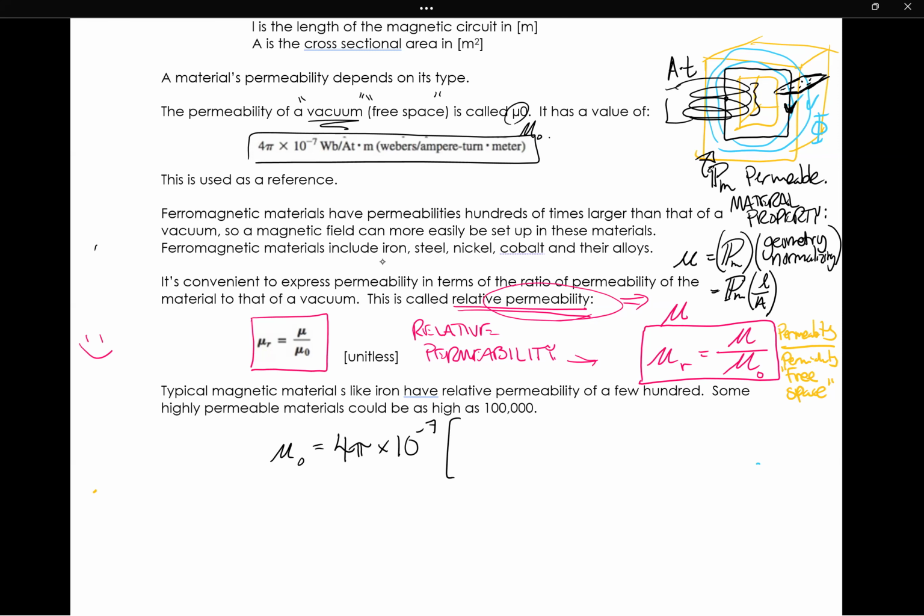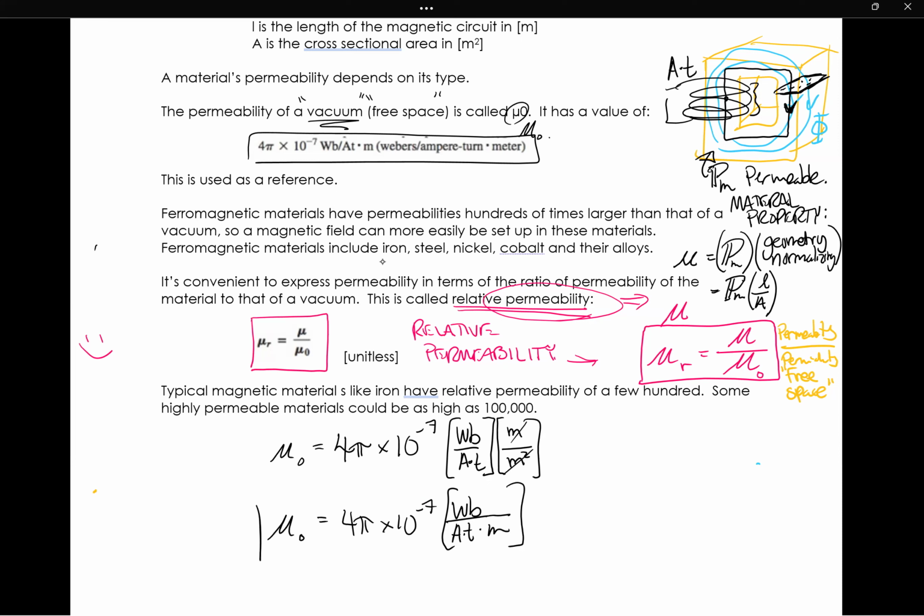The units of permeability are Weber per amp times the number of turns that established the magnetic field, times the length in meters divided by the area in meters squared, which is 4 pi times 10 to the negative 7 Weber per amp turn meter, if you want to keep that as a fake unit, when we cross these out.